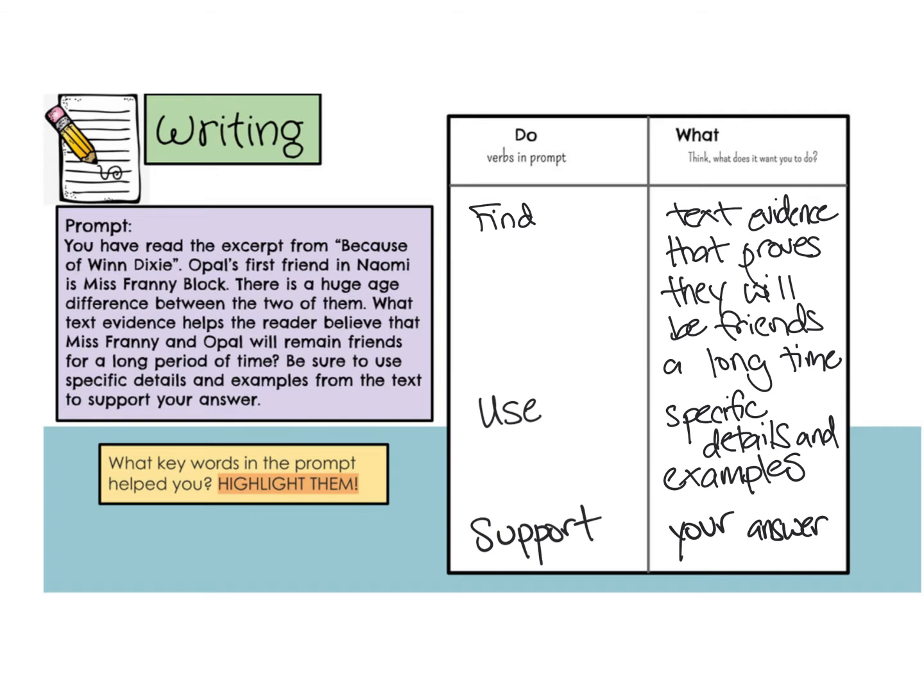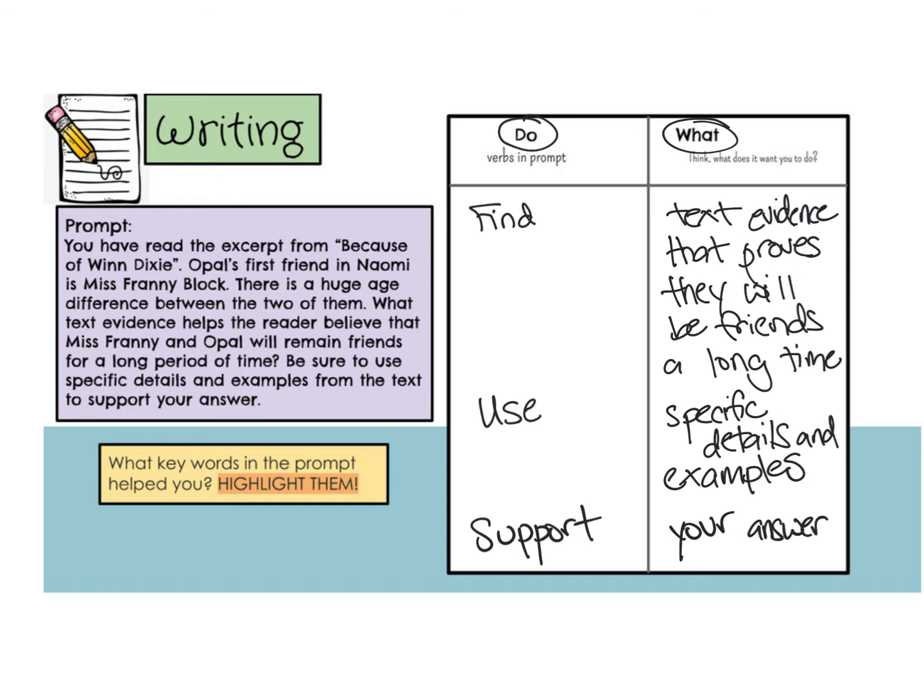Notice on my do-what T-chart, my verbs are under the word do, and what I'm asked to do is under the word what. So now I've broken down the prompt, and I can understand more about what this prompt is asking me to do. Now I know I have to do 3 things in my writing. If I don't break it down first, then I don't understand what I'm asked to write about.